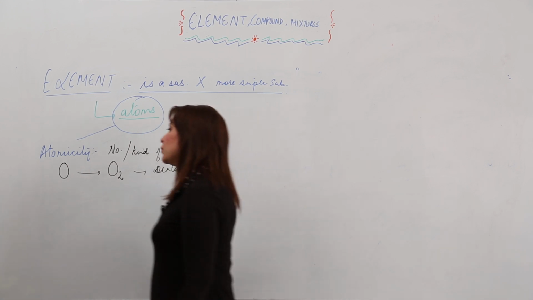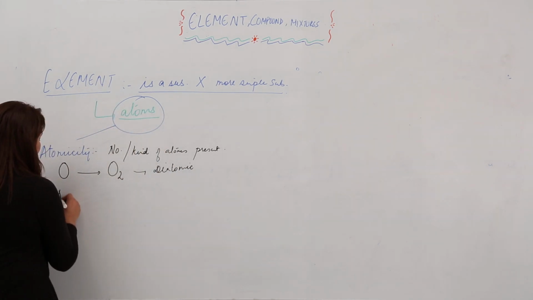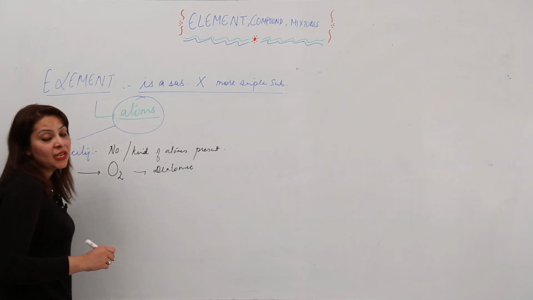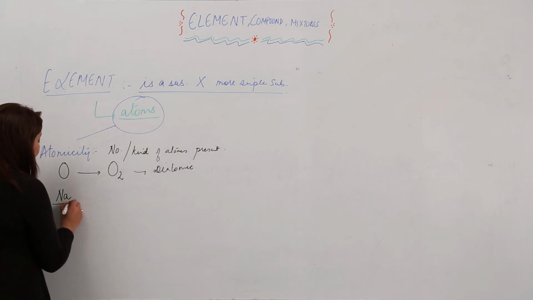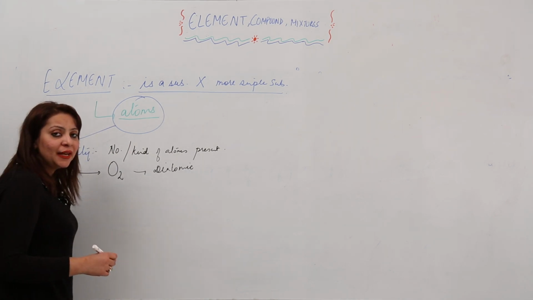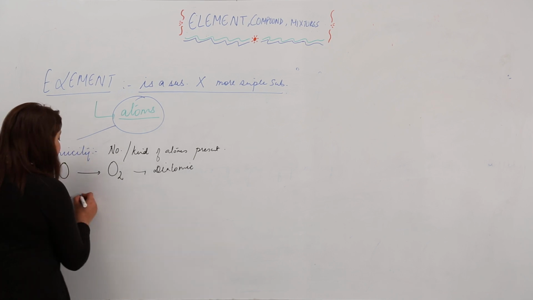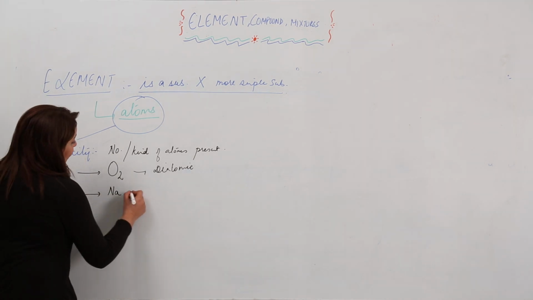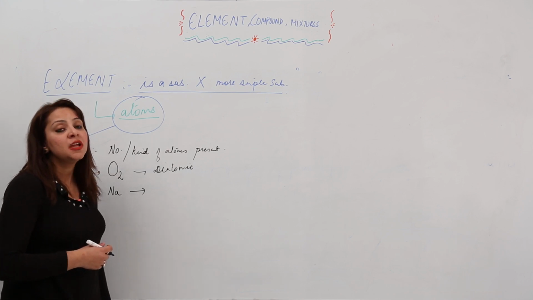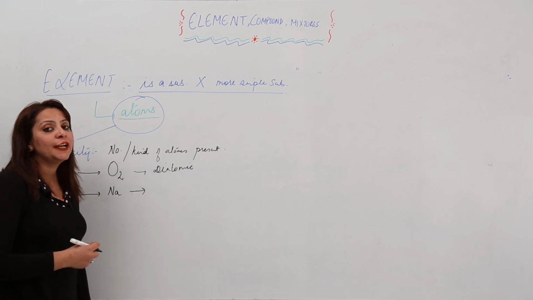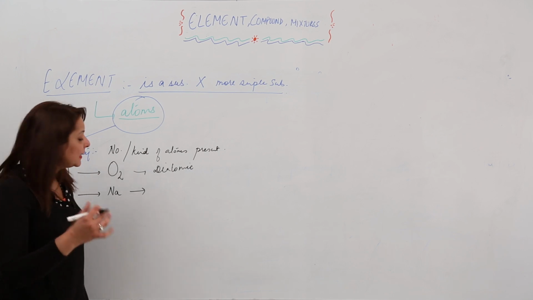Similarly, take an example of sodium. We know the symbol of sodium is Na, derived from its Latin name natrium, right? So how does sodium exist in nature, do you have some idea? Sodium exists in nature as Na. It does not form a molecule at room temperature; when we look for the existence of sodium, it occurs as Na.